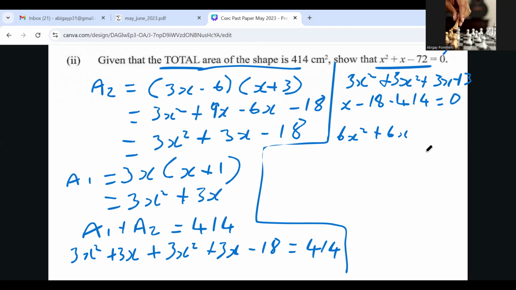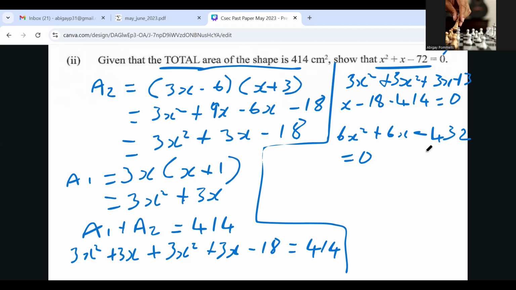That will equal negative 432. And all of that still does not give us the x squared or the x or the 72.